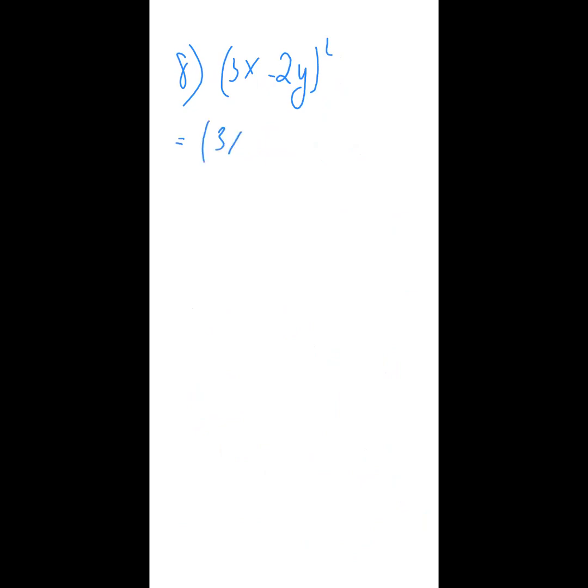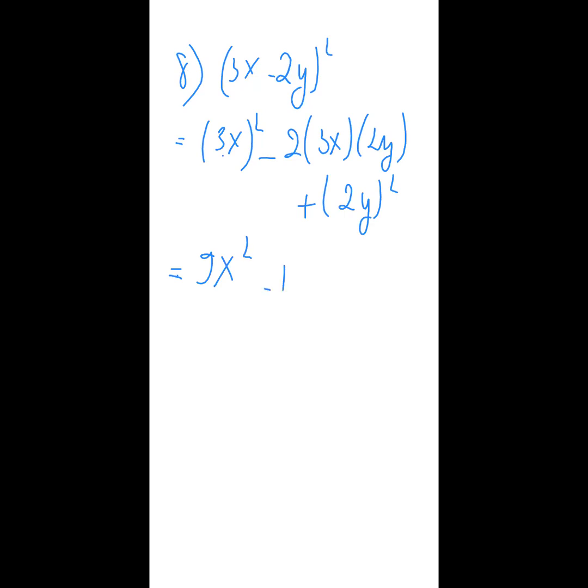Similarly, the squaring of the first minus 2 into the product of the two terms plus the squaring of the second one. 3x squared بتصير 9x squared minus 2 times 3 times 2 xy, 12xy, plus 4y squared. Very good يا دانيلا.